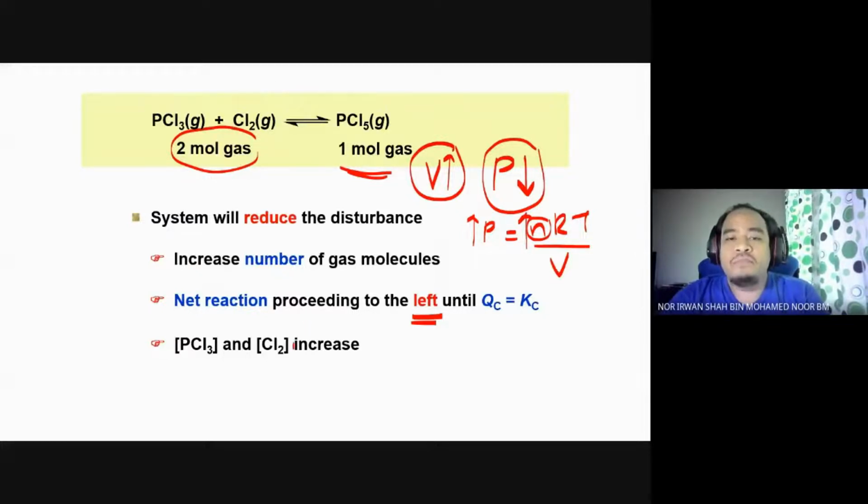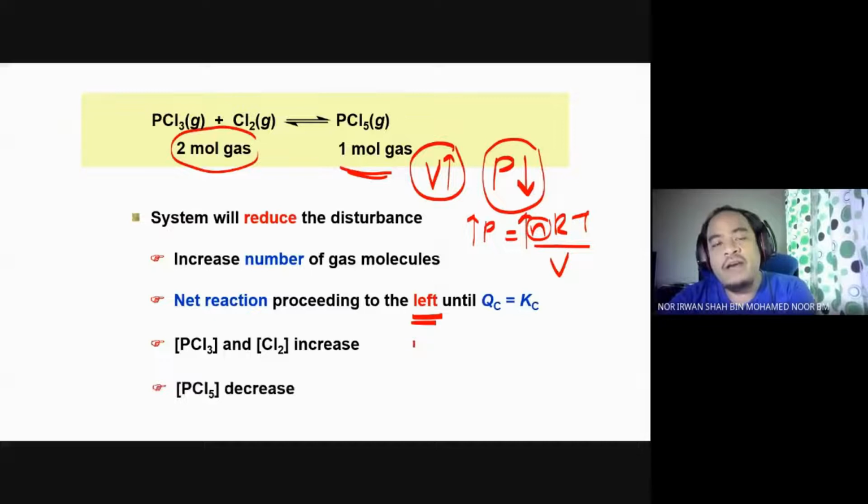That's why once QC equals KC, the concentrations of both PCl3 and Cl2 shall increase. And what will happen to PCl5? The concentration of PCl5 decreases. So this is what happened at the new equilibrium, class.